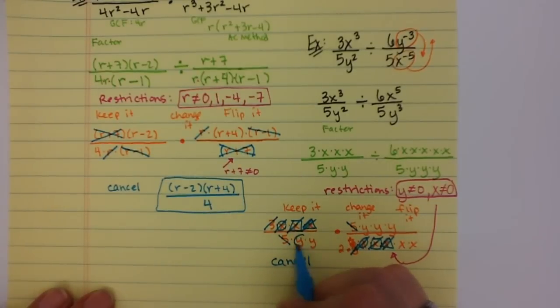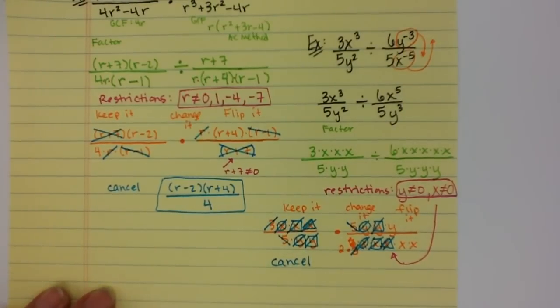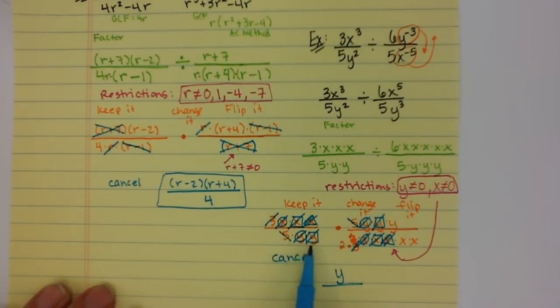And I've got a y and another y. So what's left in my numerator is a single y, so y over the denominator. I have 2 times x, which is 2x squared.